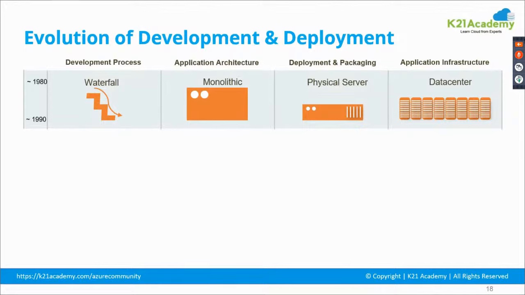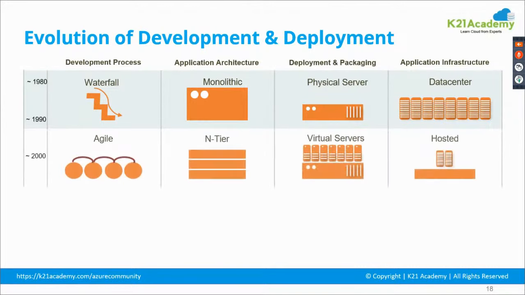That was not a very good way of developing applications, as you might see later. The application architecture used to be monolithic, one big bulky application. Deployment used to be on physical servers, in the customer's infrastructure, big data centers, which used to take a lot of effort.